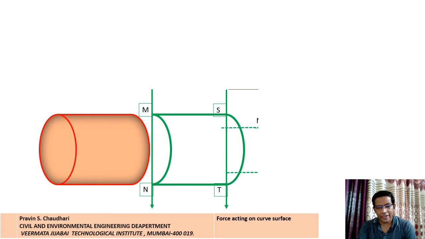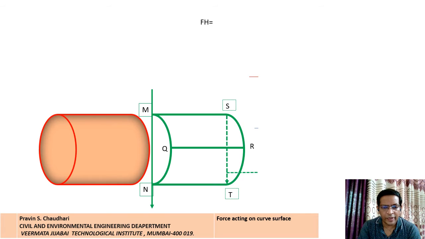Let us analyze the surface. If the tank is full, then for edge MQ, there is water or liquid below the surface, and for edge QN, water or liquid above the edge.